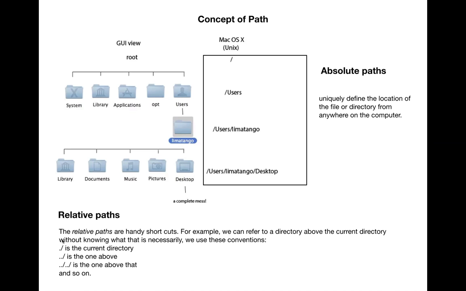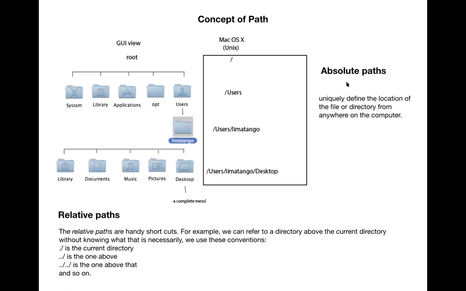Basically, they're shortcuts. And then the syntax goes like this: a dot slash means the current directory, or you don't do anything. If you don't specify a path, the default is the current directory. And double dot slash is one level above. And two double dot slashes are two levels above that, and so on and so forth, right?